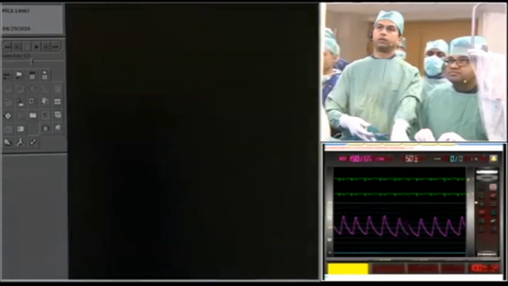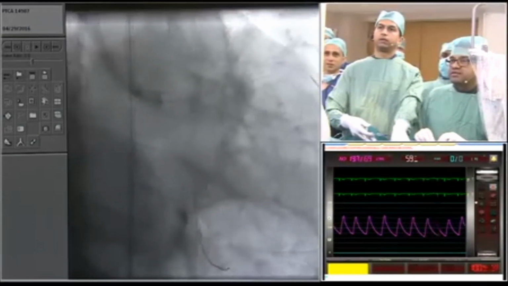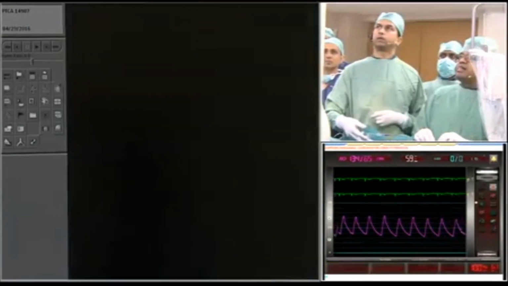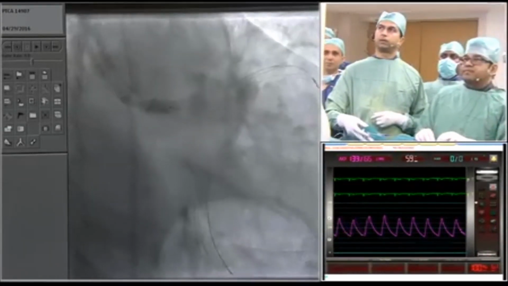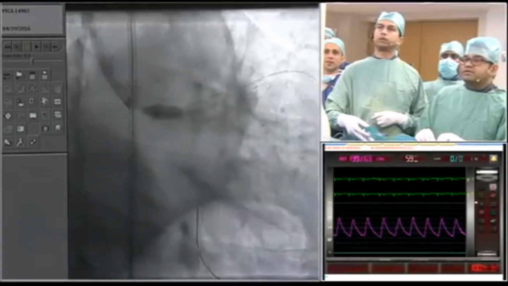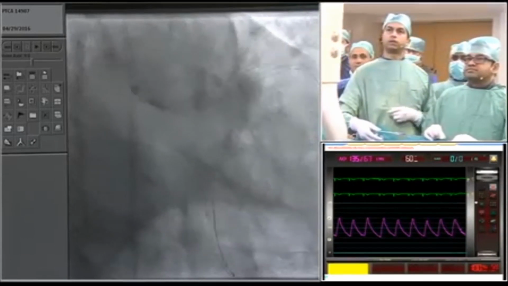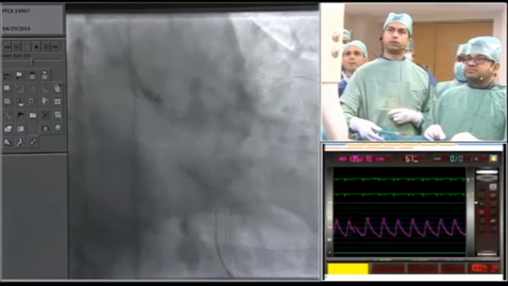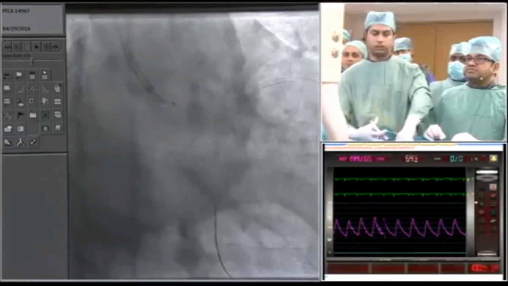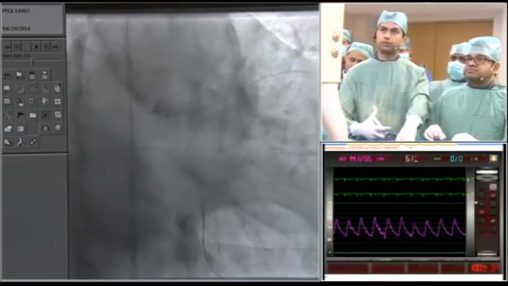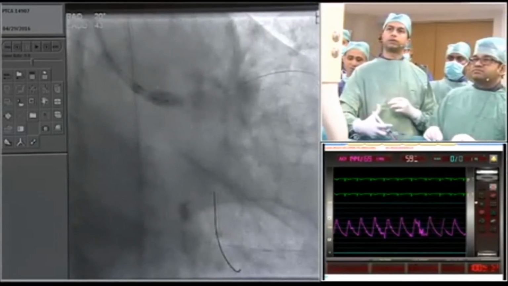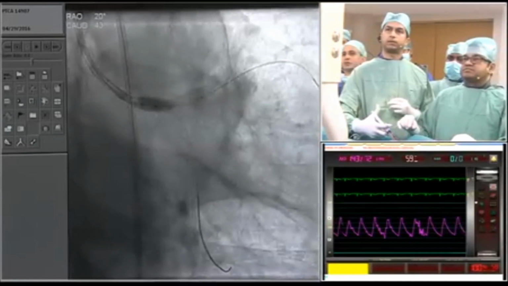Go up. So 10, 12. Negative. 12, 14. Negative.